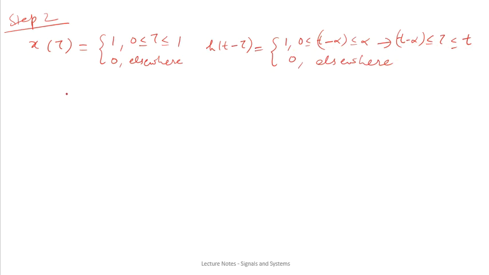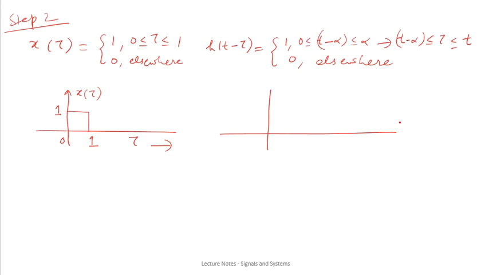Again if you plot these two signals, x(tau) is simple: if tau is in between 0 and 1, this signal is 1.